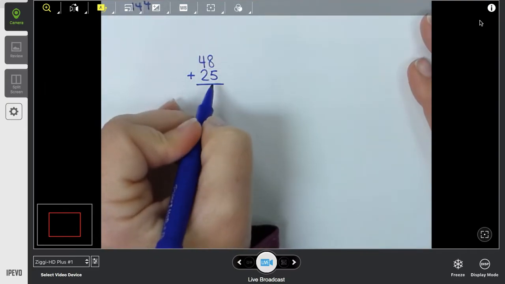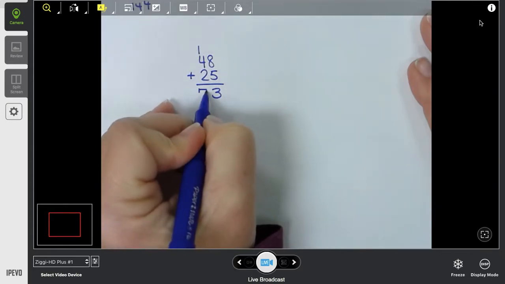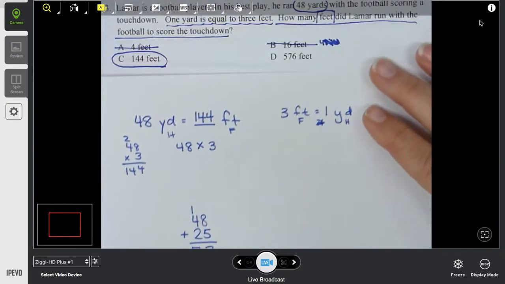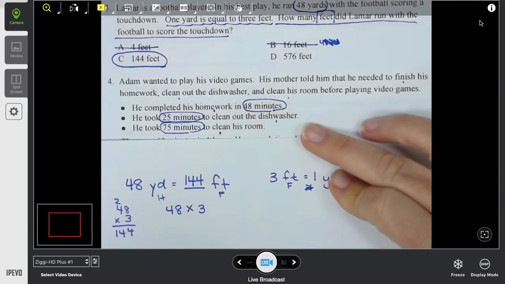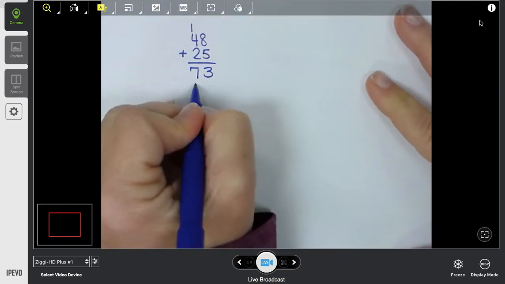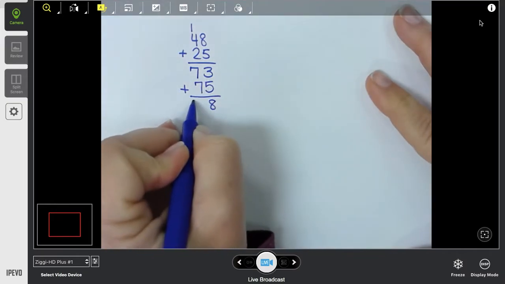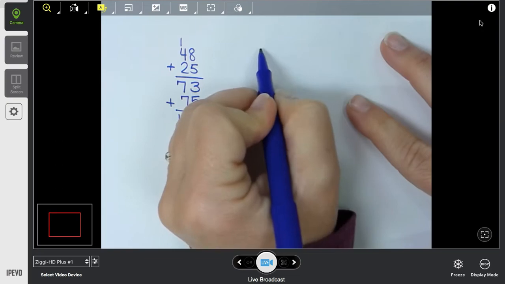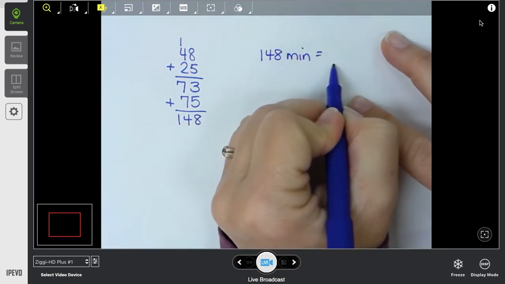I don't like adding more than 2 numbers together at a time so that I don't make a silly mistake. Okay, so 73 minutes for his homework and cleaning out his dishwasher. And then I have to add those 75 minutes for cleaning his messy room. Okay, so all together he has 148 minutes.